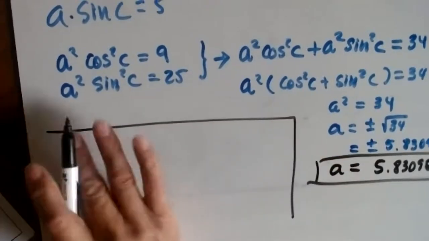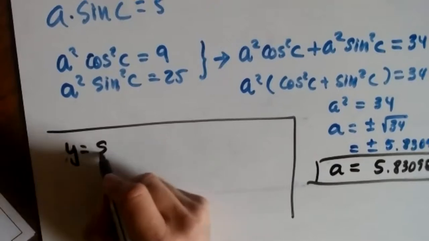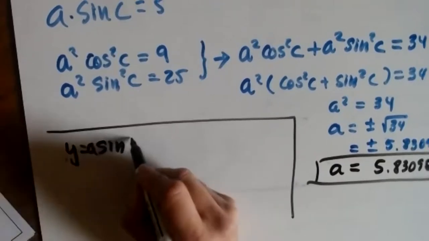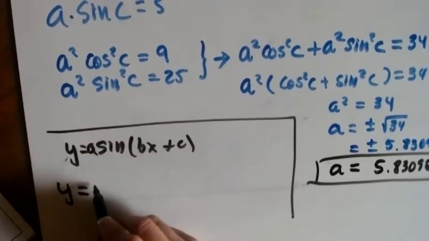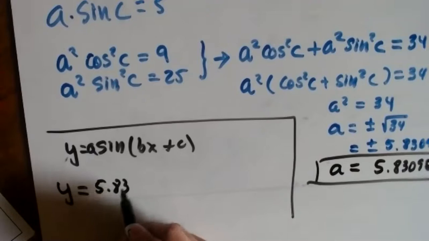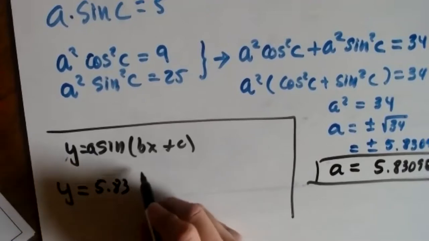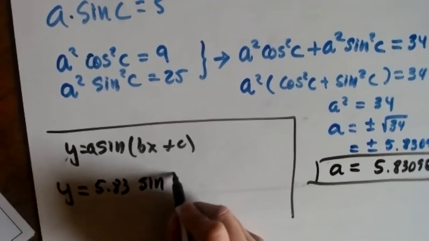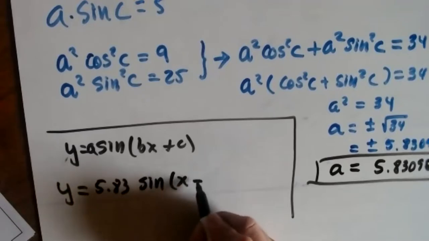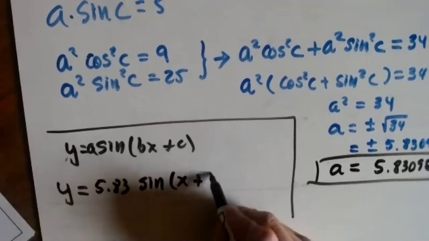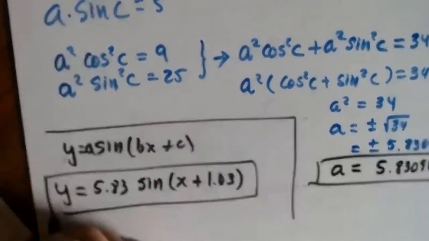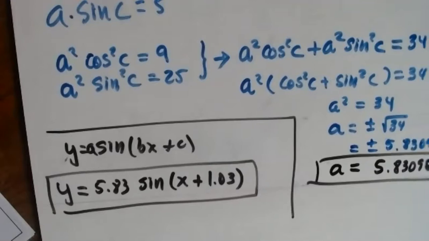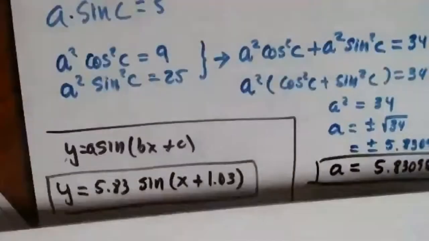So y equals A sine of bx plus c is going to be y equals 5.83. Let me just round to two decimals, right? Sine of 1x plus 1.03. Now, this is going to be the equivalent for this function, right? So let me just write it here.